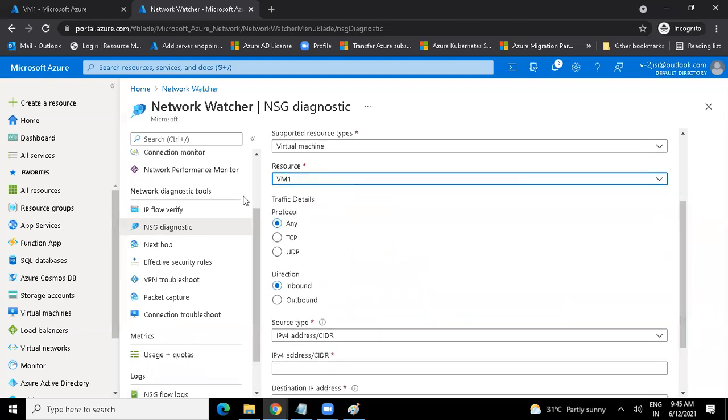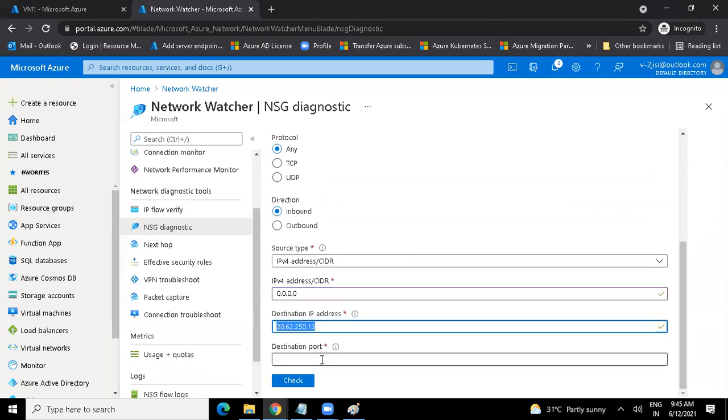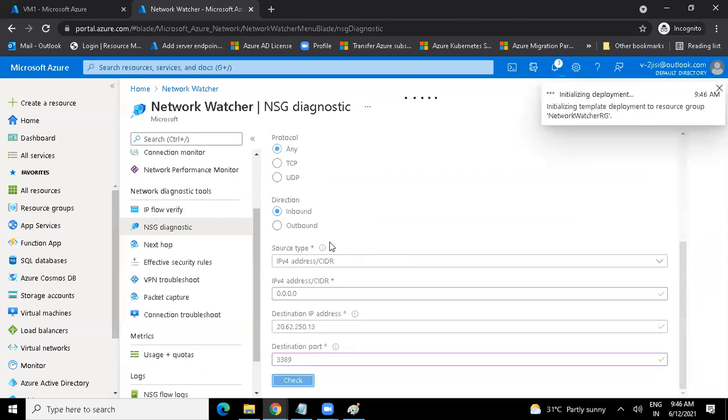You want to get the traffic details, TCP traffic details or UDP traffic details. I'm saying TCP. What is the source from where the traffic would have come? Maybe I'm saying the traffic would have come from the internet, right? Destination IP address is so and so. Traffic would be coming on port probably 3389. So it will show you all the traffic that has come here, right?